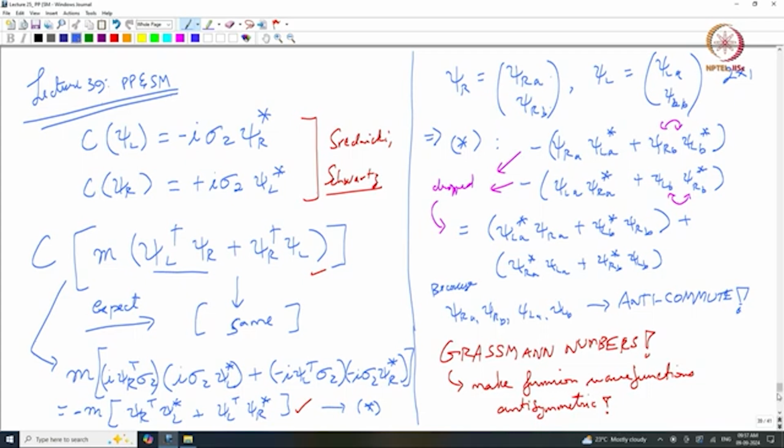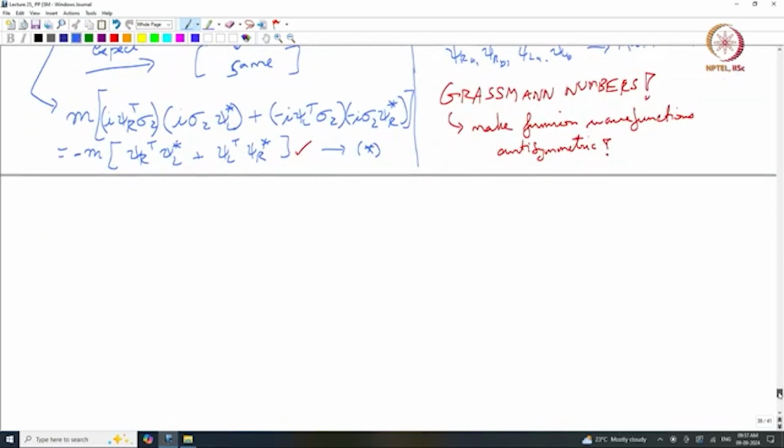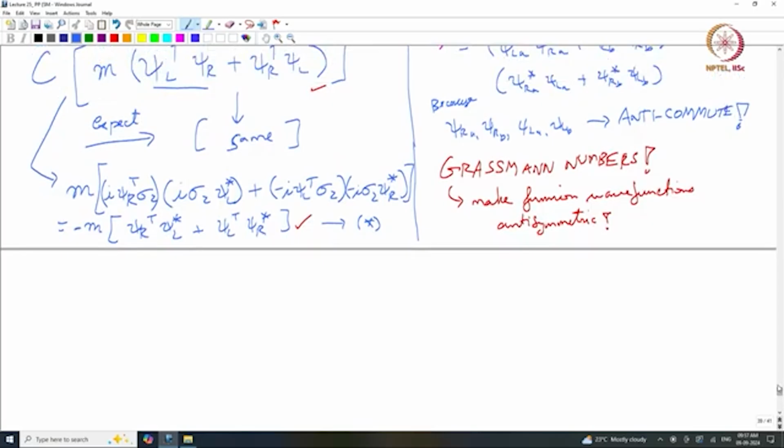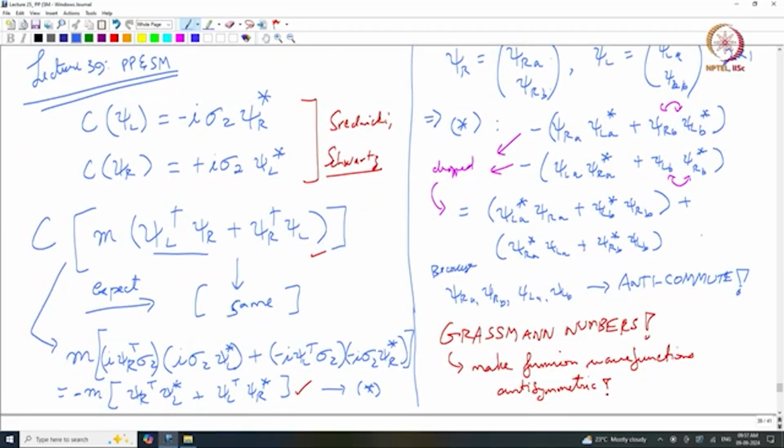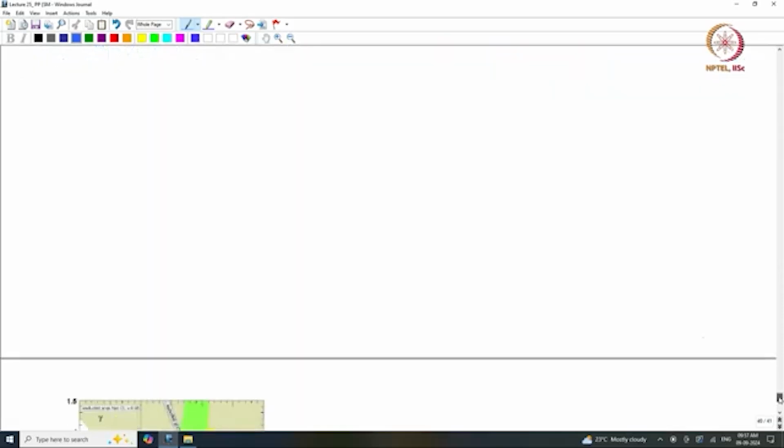Now, if you make use of that, then once again, what is this? This is still star, the equation star.